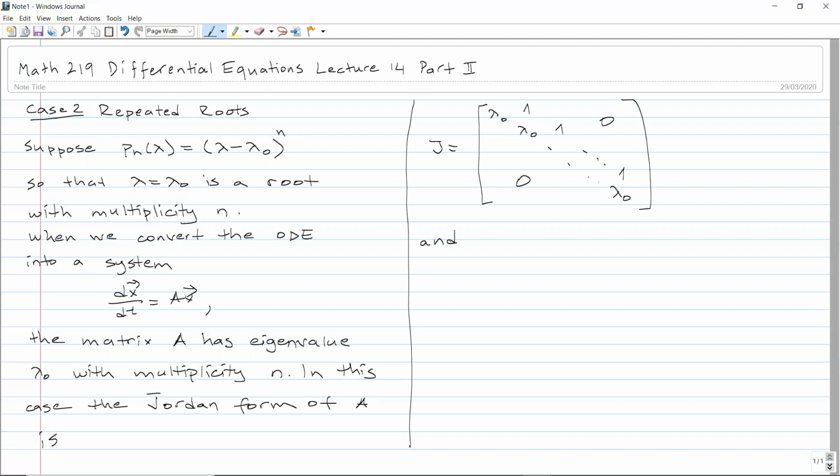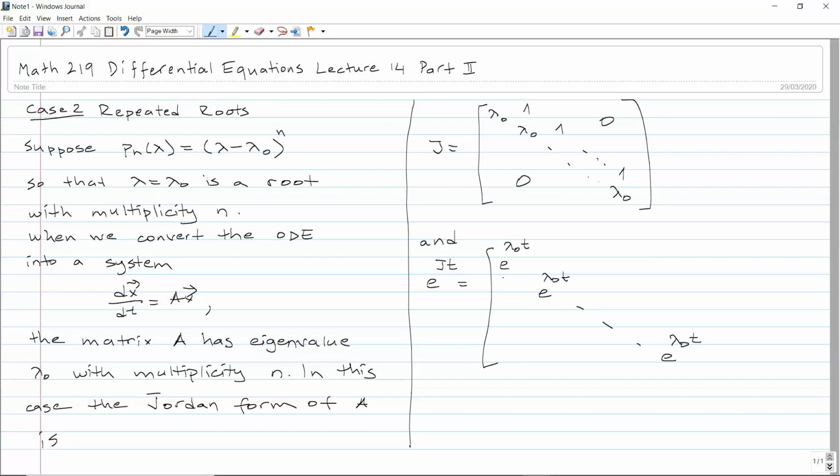When we take the matrix exponential of this Jordan matrix, on the diagonal, we have the same function, e to the lambda 0 t. But because of these ones, we obtain some non-zero entries above the main diagonal.